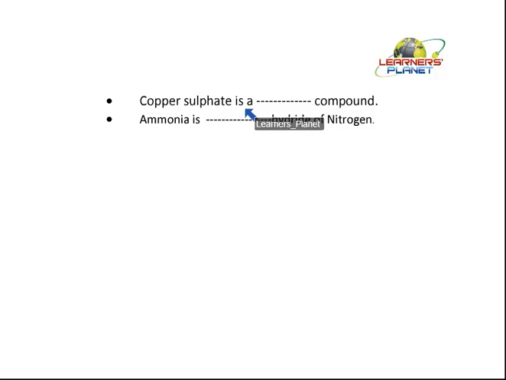Now let's move to the next question here. Copper sulfate is a dash compound. What is it? Is it covalent or ionic? Now to find out whether a compound is covalent or ionic, let's first analyze what copper is. Is it a metal or a non-metal? It is a metal. What is sulfate? Sulfate is SO4 minus. So what will be the formula of copper sulfate?